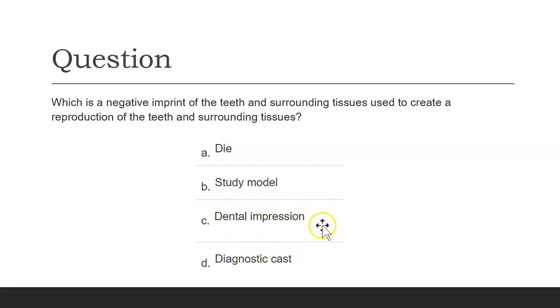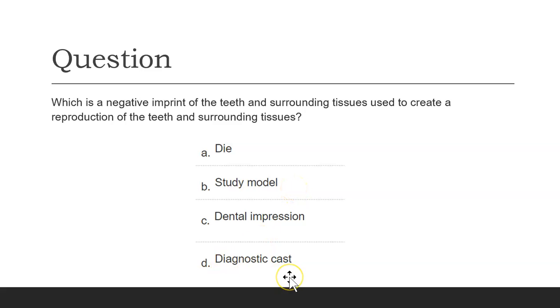So C, dental impression is a negative imprint of the teeth and surrounding tissues, and it is used to create an accurate or a 3D reproduction of the teeth and surrounding tissues. Everything else is a positive reproduction. So a die, which I'll show you a picture of, a study model, that's a positive reproduction.